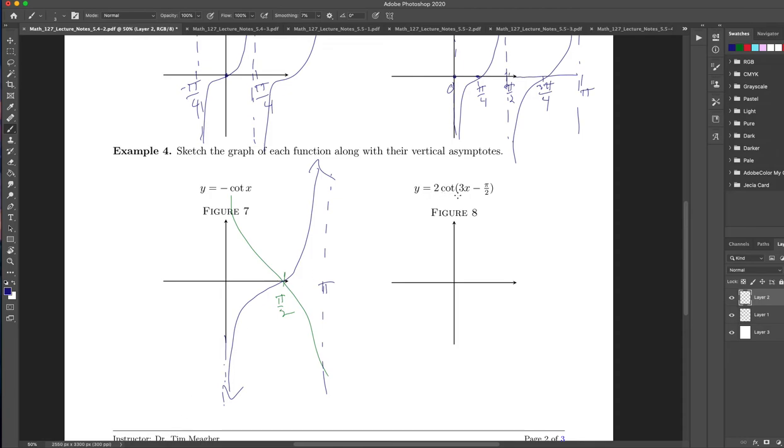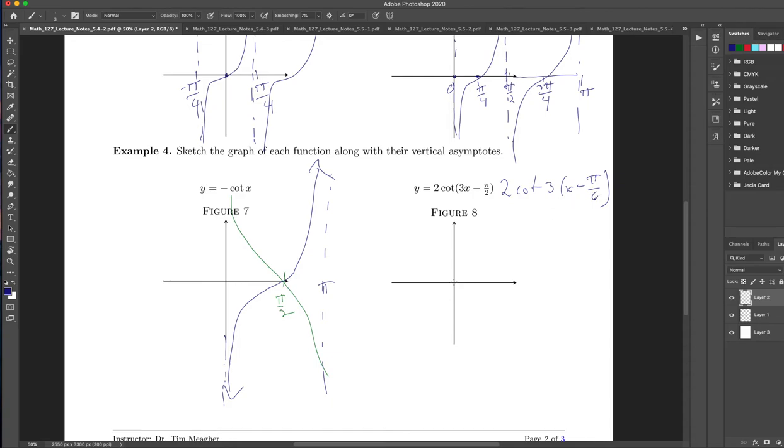Here we're going to have 2 cotangent of 3x divided by 2. Alright, in order to do this, remember you do need to pull out this k, so let's have it as 2 cotangent of 3 times (x minus pi over 6) now. Okay, so now we're going to take our 0 and move it over by pi over 6.